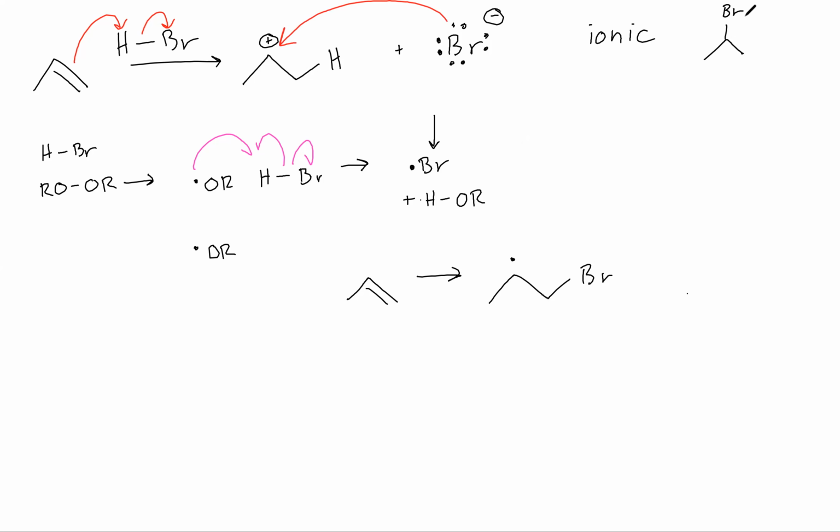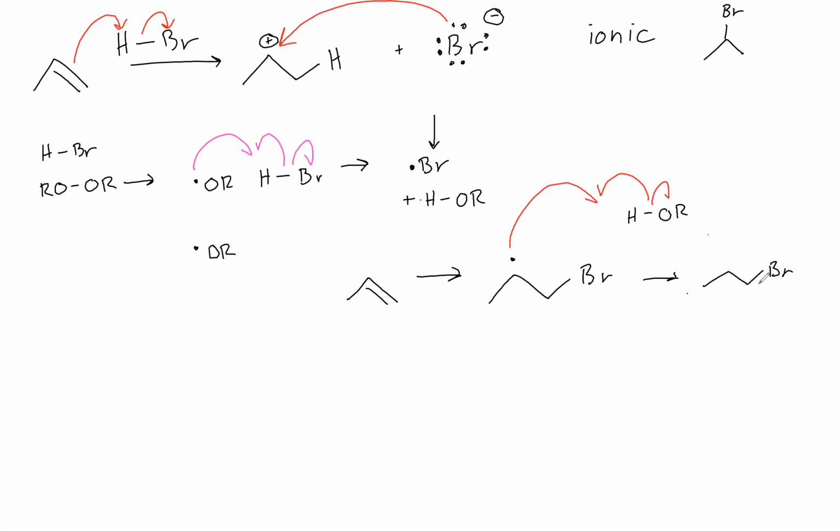However, to finish out the radical reaction, our HOR is basically going to get stolen by this radical right here, and we end up with our final addition product, which looks like this. And this is anti-Markovnikov. So you can see here that when we added Markovnikov, the hydrogen was added first, which forced the carbocation to go onto the more substituted carbon.